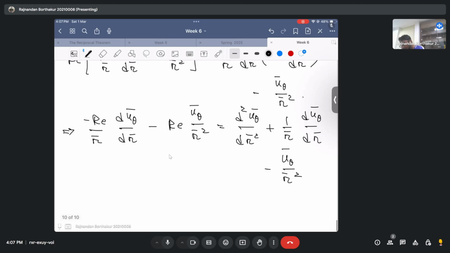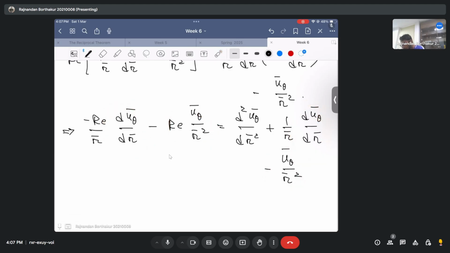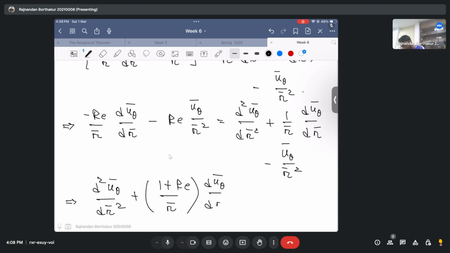Okay, so what I'll do is club the terms having the same order of derivative, meaning I'll club this term with this term, and this term with this term. If I do this clubbing, the second derivative term would just be d2 u theta bar by dr bar squared, plus the first derivative term, which gives us 1 plus Reynolds number by r bar, multiplied with du theta bar by dr bar.